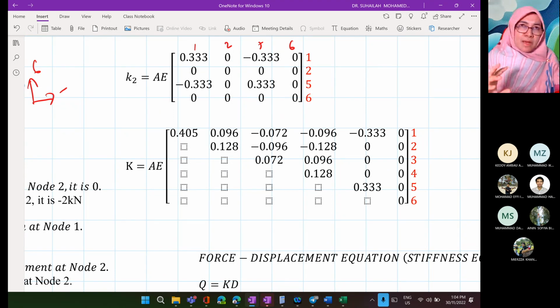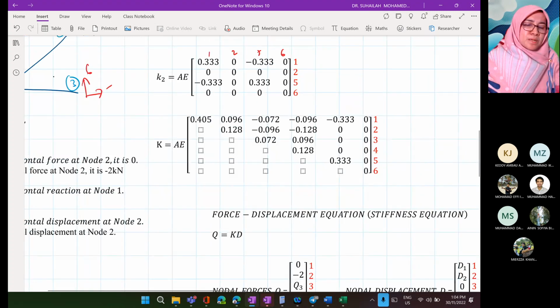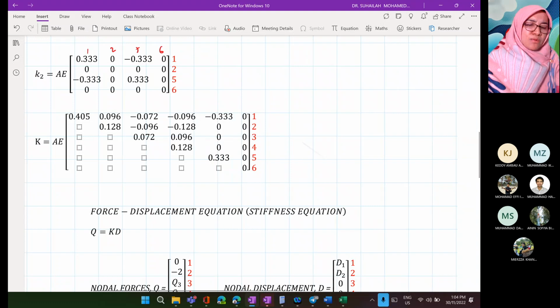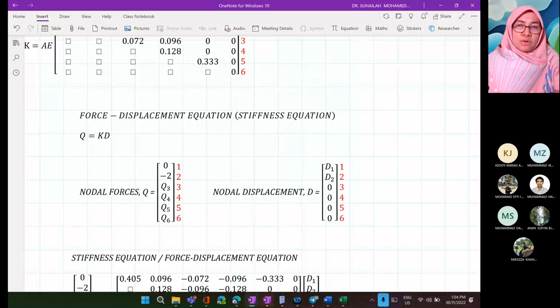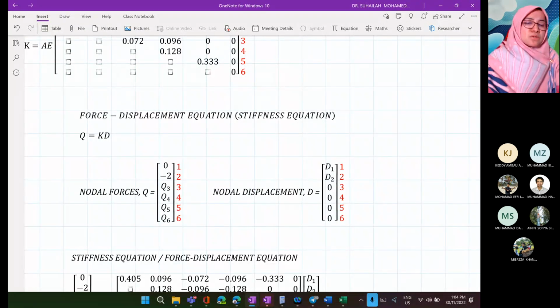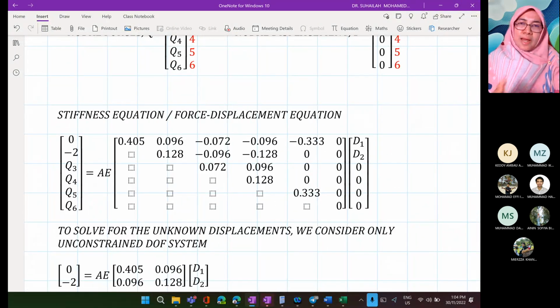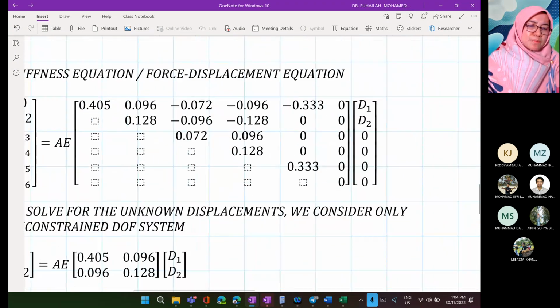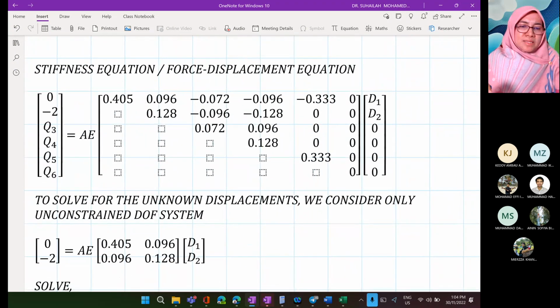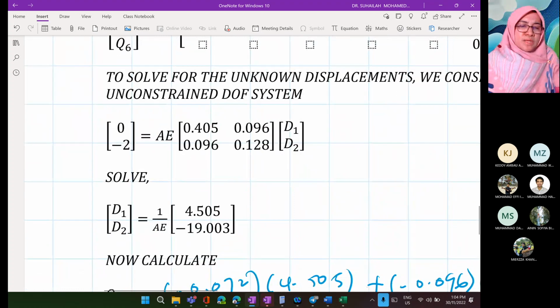Once we have established the structure stiffness matrix, we have to identify the nodal forces and nodal displacements, and then combine them to have the force displacement equation. Since displacements at positions 3, 4, 5 and 6 equal 0, we only consider the unconstrained system and solve using simultaneous equations.